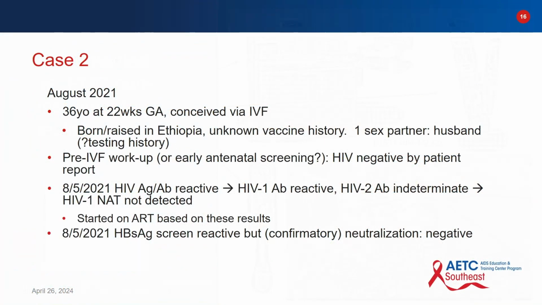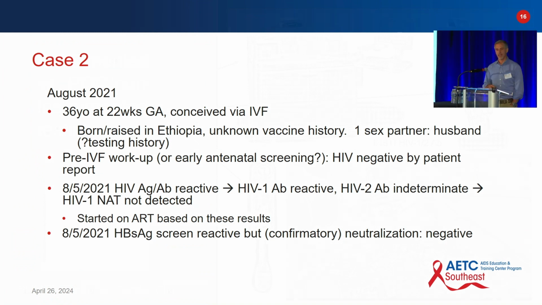So that leads us to our next case, which is a case that we received on our HIV perinatal hotline. So we have a number of different lines with the National Clinician Consultation Center, one of which is for perinatal HIV. And we were called in mid-August of 2021 by an HIV provider in the Midwest who was caring for a patient who was 36 and 22 weeks pregnant.